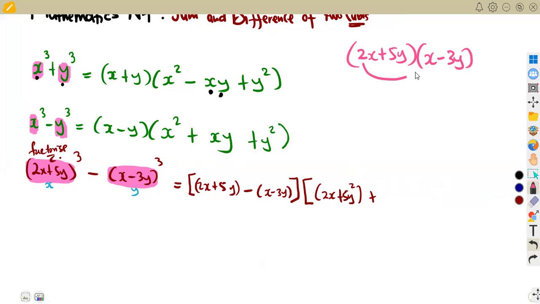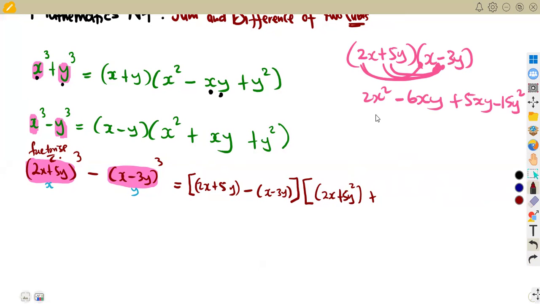So you're just going to expand. 2 times x will be 2x². 2 times minus 3y is minus 6xy. 5y times x will be positive 5xy. 5y times minus 3y will be minus 15y².